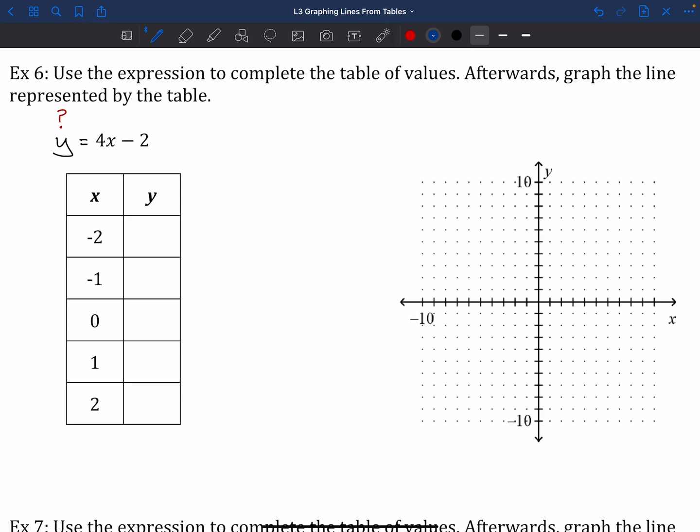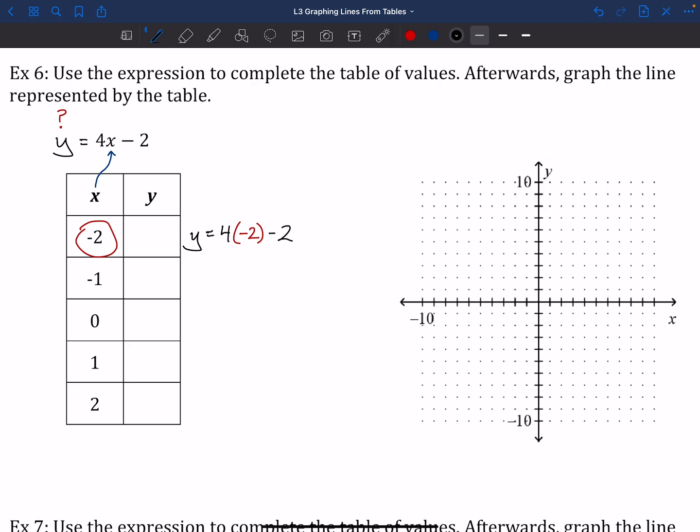I have all these x values, and I'm going to plug them into that expression, 4x minus 2. Let's take a look at just this first one here. If my x was -2, then y is equal to 4 times that x, so 4 times -2, and then minus 2.